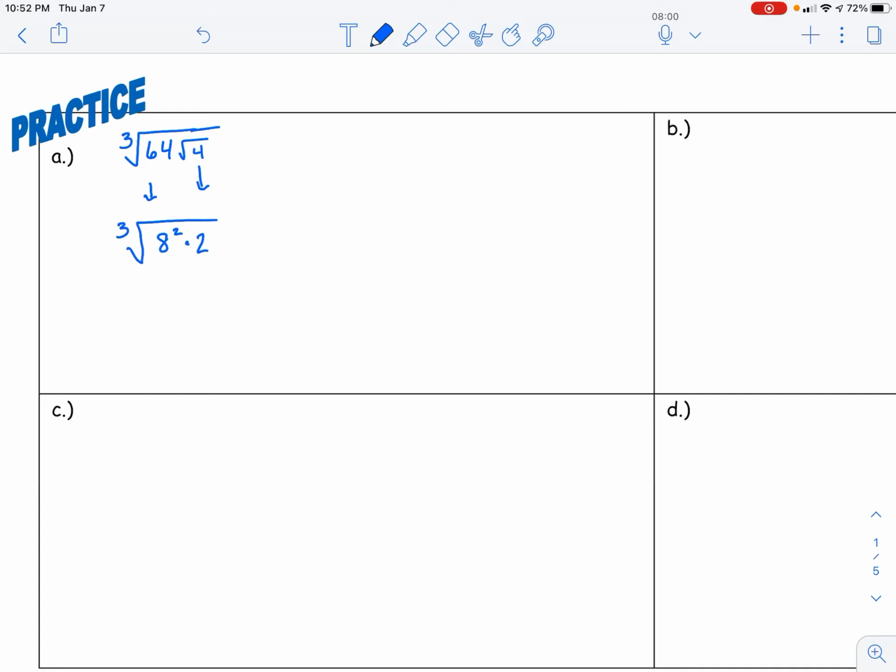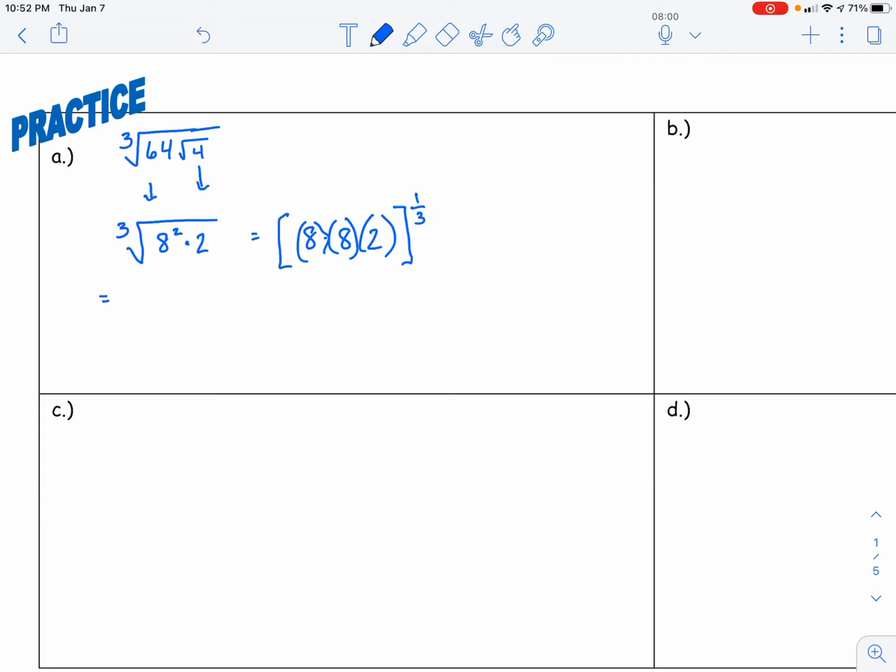All right, so let's see what we have. So I'm going to put a big bracket here because I want to pull the things out from underneath the radical sign. Okay, and I'm actually going to separate those 8s. 8 times 8, put them in parentheses here, times 2.